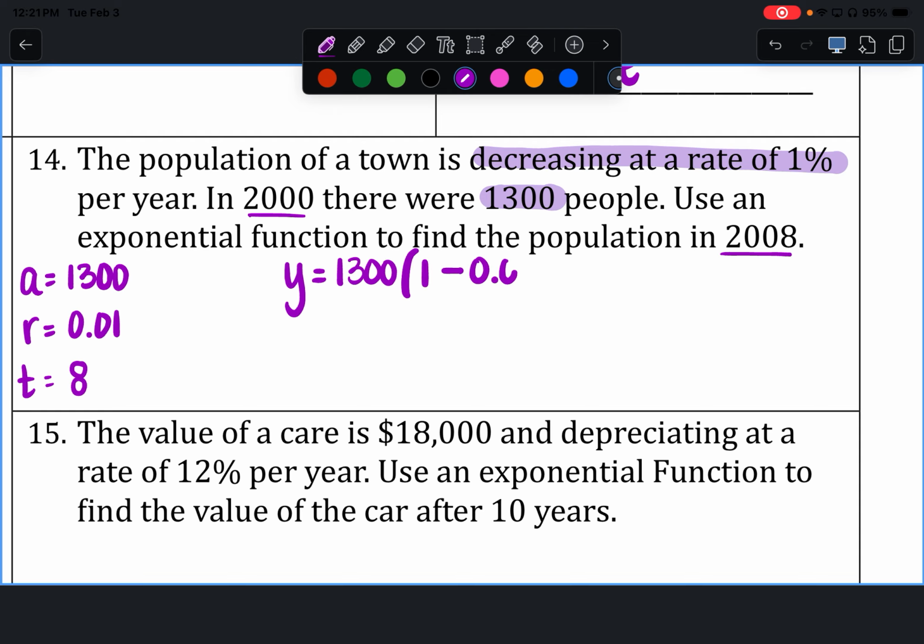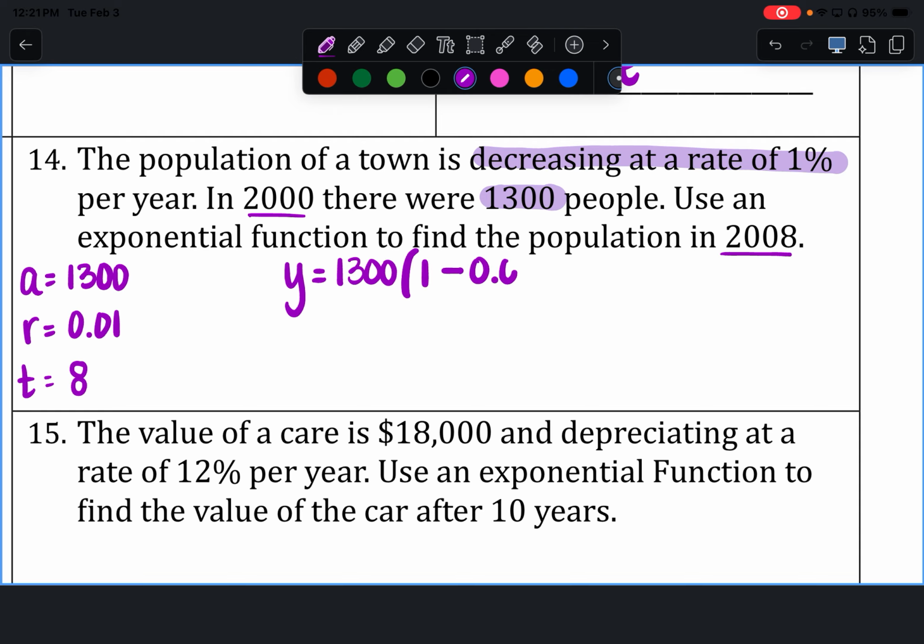Okay, then we're going to skip to number 16. Number 16 is probably one of the most regular uses of exponential decay, and it is depreciation. A farmer buys a tractor for $50,000. If the tractor depreciates 10% per year, use an exponential function to find the value of the tractor in 7 years.